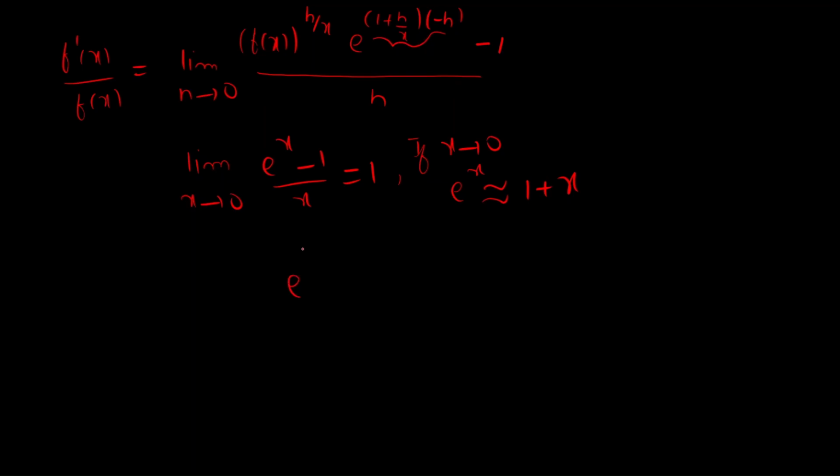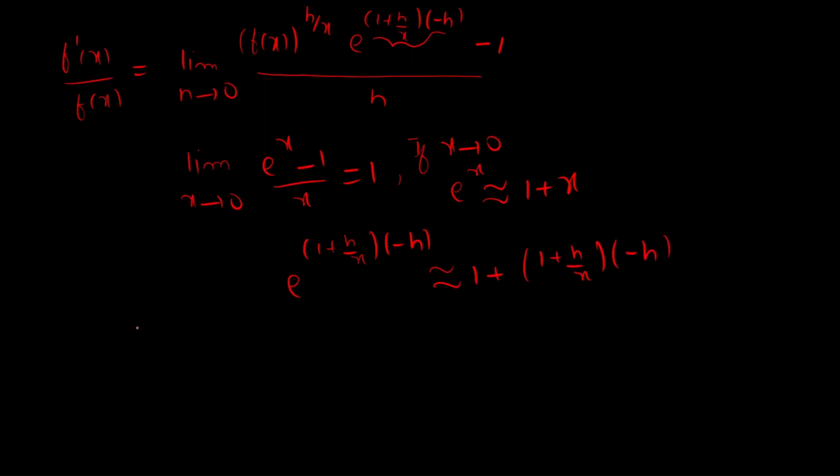So I can approximate e power of (1 plus h by x) into minus h as 1 plus (1 plus h by x) into minus h.